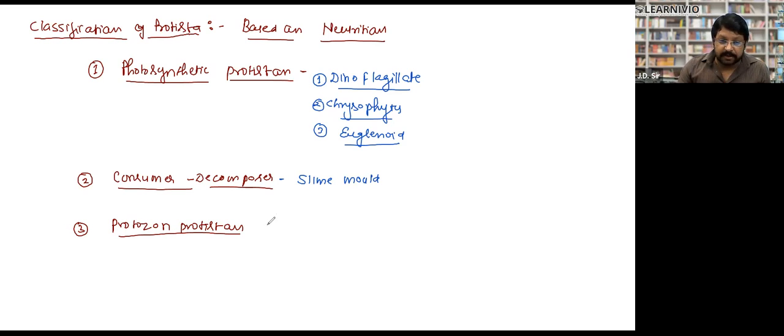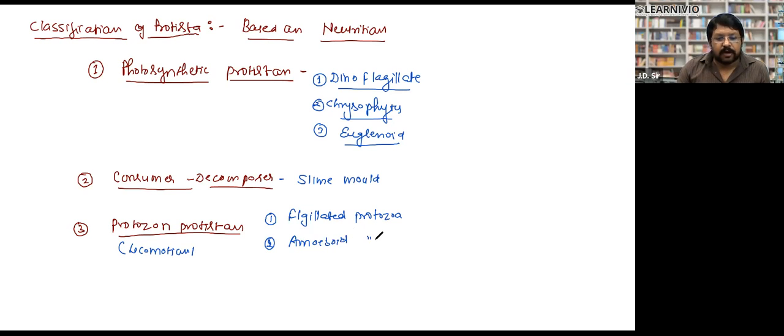We further divide protozoa on the basis of locomotion. First, flagellated protozoa, which have flagella for locomotion. The second are amoeboid protozoa, which locomote like amoeba, with the help of pseudopodia.